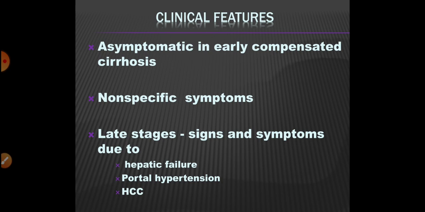In the late stages, the signs and symptoms of cirrhosis of liver are due to hepatic failure, portal hypertension, or it could be because of hepatocellular carcinoma. And apart from this, the patient may have signs and symptoms suggestive of the etiological cause like alcoholic liver disease or viral hepatitis. You may get the history, or you will have different findings in the liver function tests.